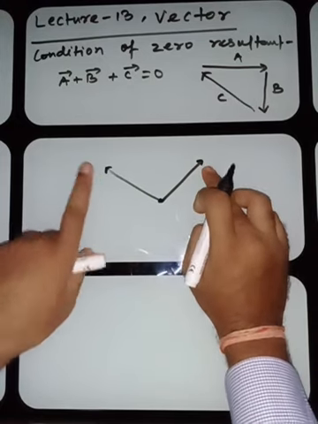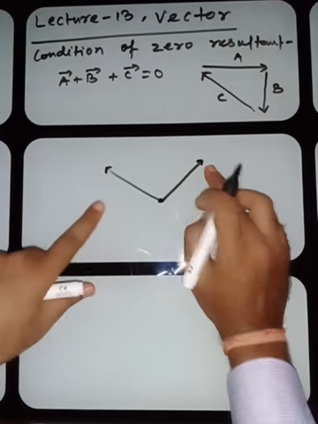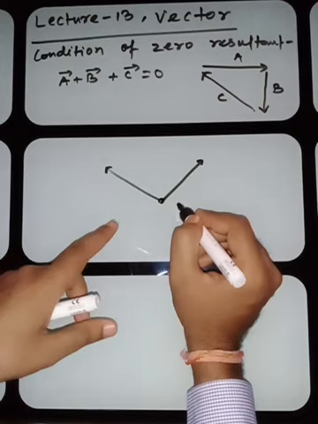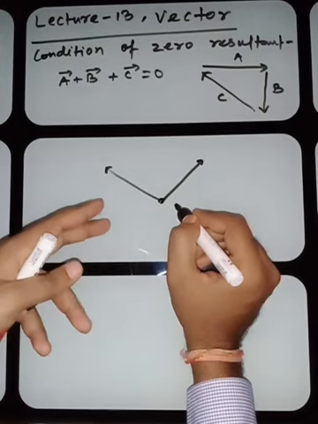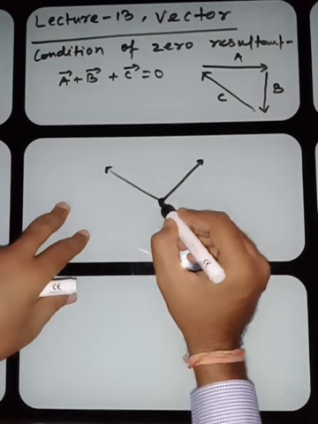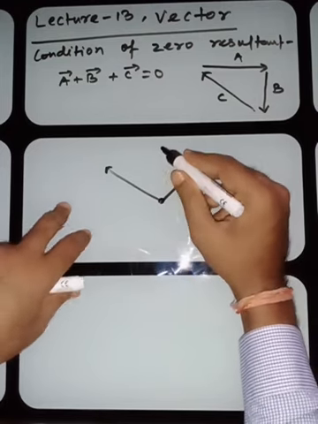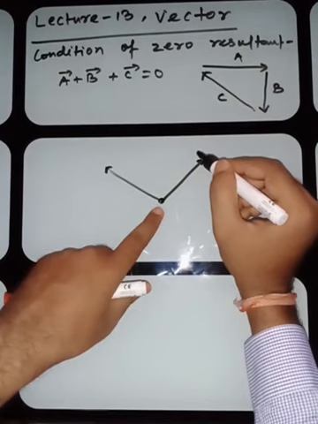So now the third student has to pull this thread so that this remains at rest. How should he or she pull? If he or she pulls this point using a thread in this direction, will this be at rest? No, this will not be at rest.